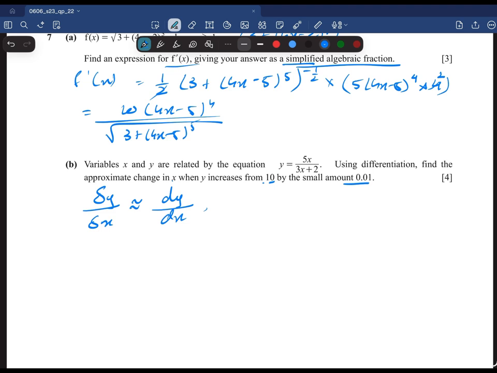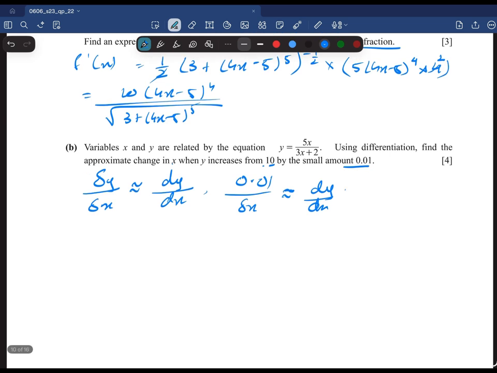We are already given the small change in y, which is 0.01, so what we need to do is find dy by dx at x equal to whatever we get when we put y equal to 10 into the equation.